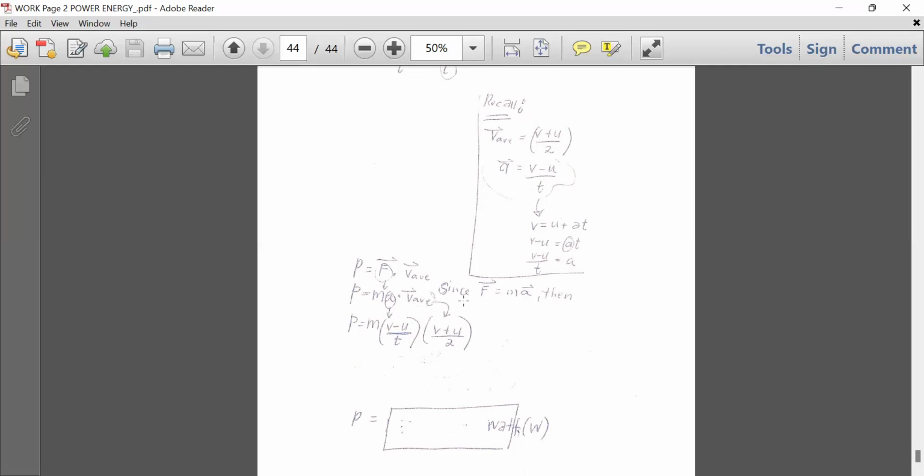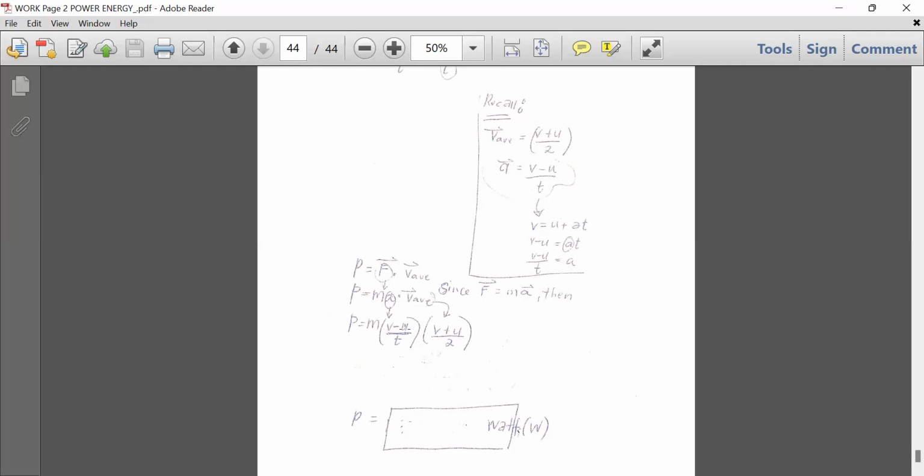So you substitute that for the velocity quantity. How about for acceleration? Acceleration is V minus U over T, final minus initial velocity divided by time, the change in velocity per unit time.